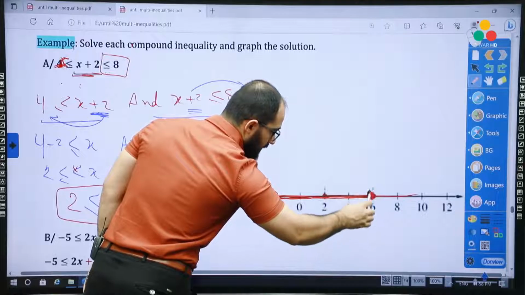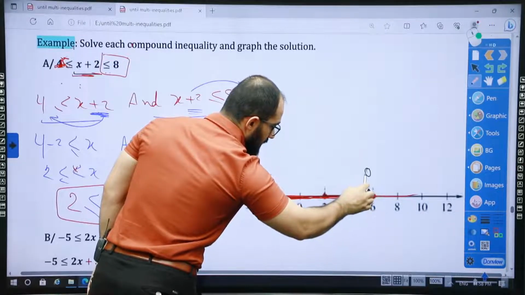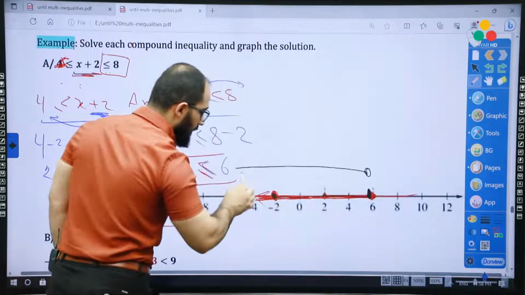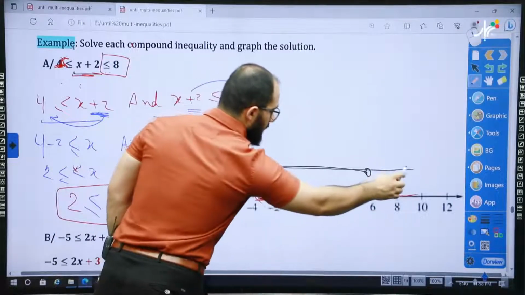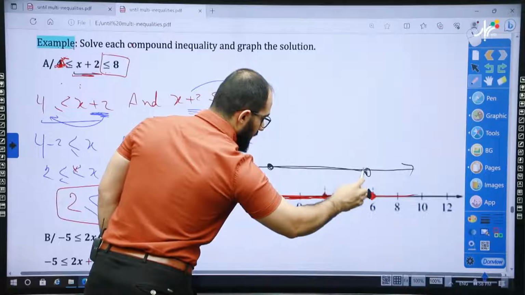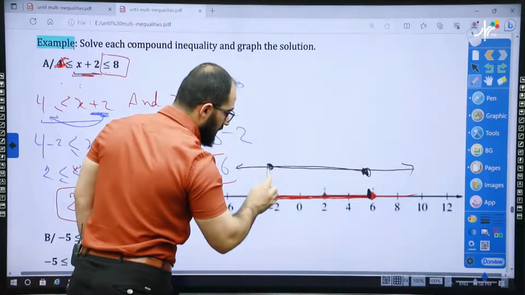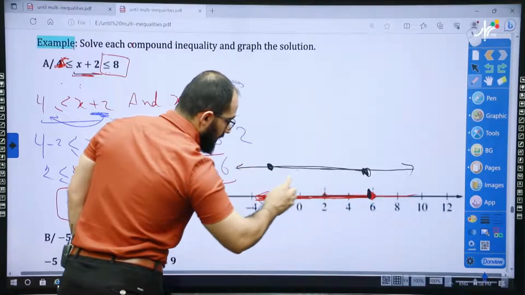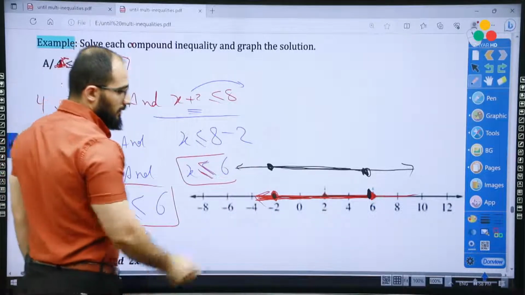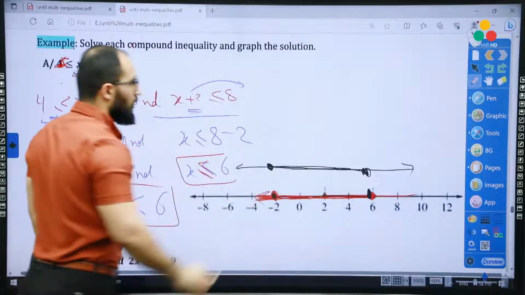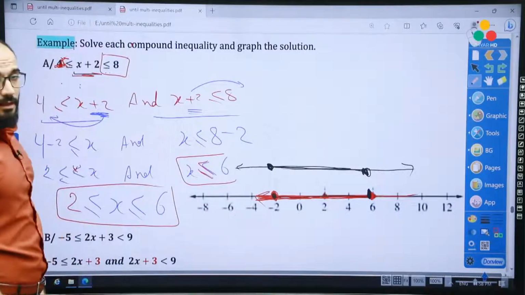They intersect in this area. This is the first graph. Now the second graph, they intersect in that part. Not area, this is not area. Okay, this is the solution. And you can see that the graph is one part because the inequality is AND.